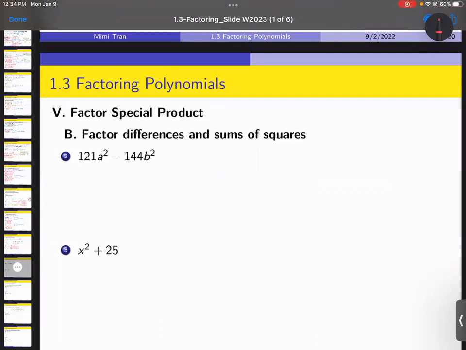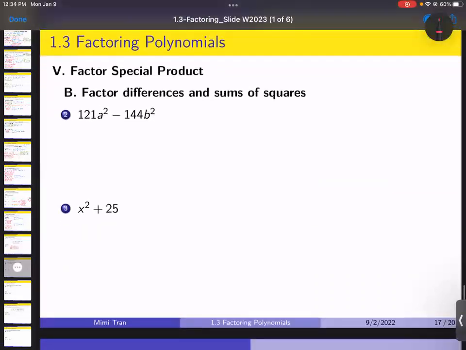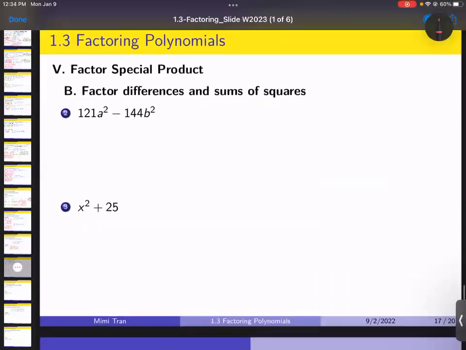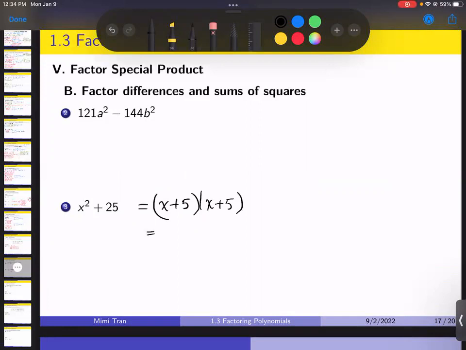Anyone have an answer yet? X plus 5, x plus 5. Oh, you do number 3? Yeah, it's okay. You can do number 3 first. Oh, be careful. What's x plus 5, x plus 5 equal? If you FOIL it, what do you have?